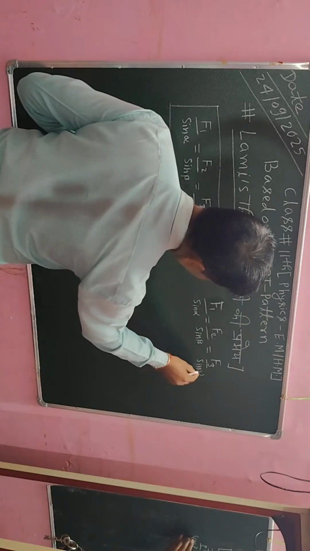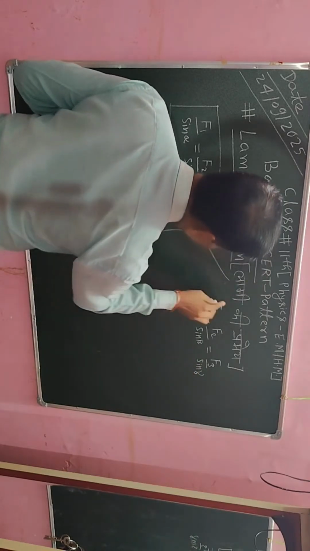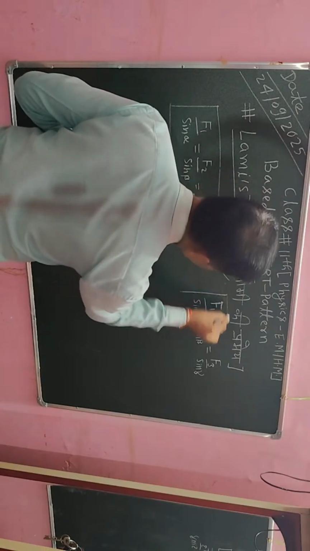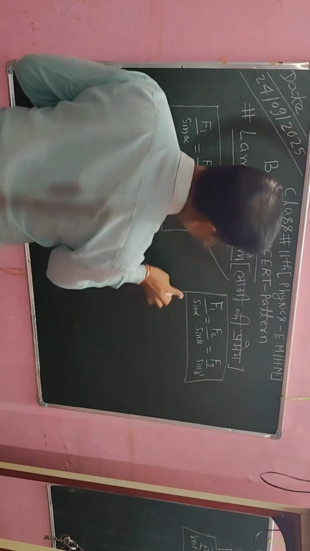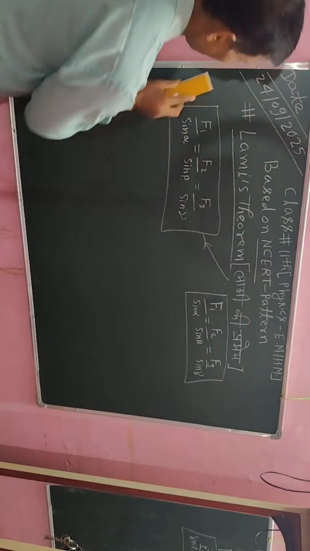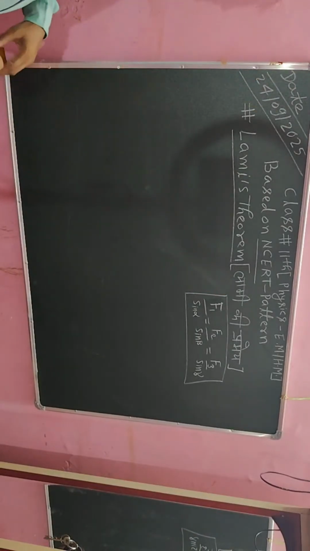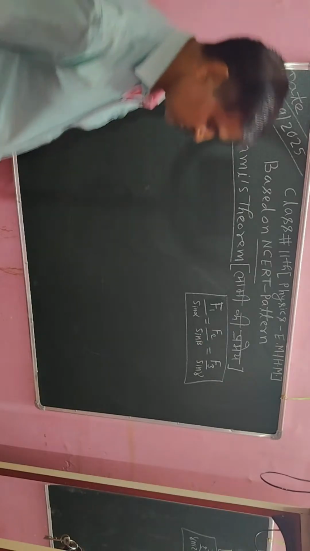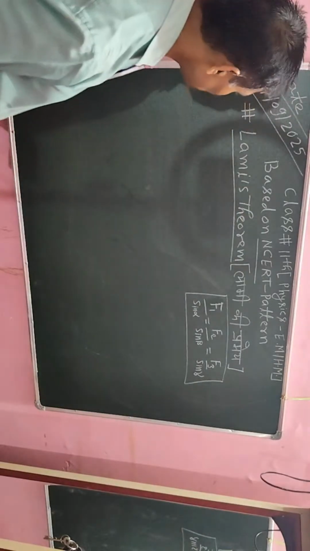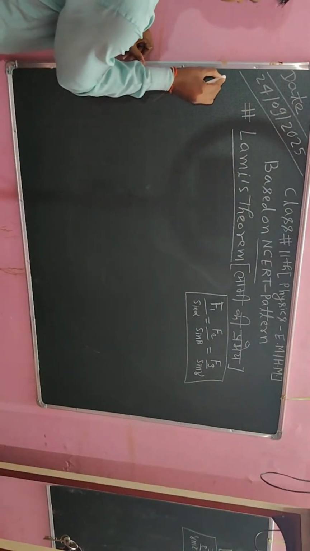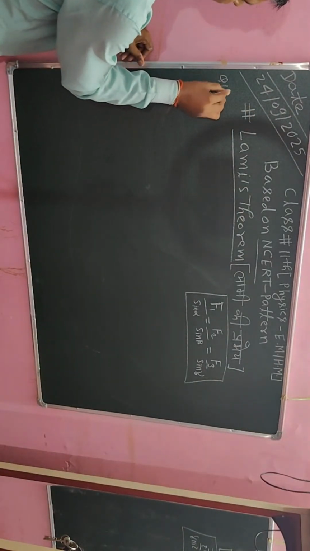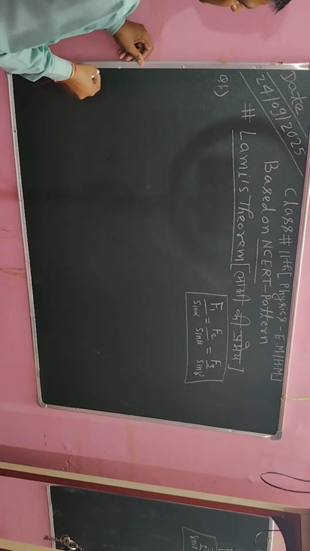So we have to write this condition here, and this is the Lami theorem. Now after erasing it, I will write a numerical, and in that numerical I will use the concept of Lami theorem to find the forces. Okay, so you concentrate here. Now I am going to solve one question by using the concept of Lami theorem.